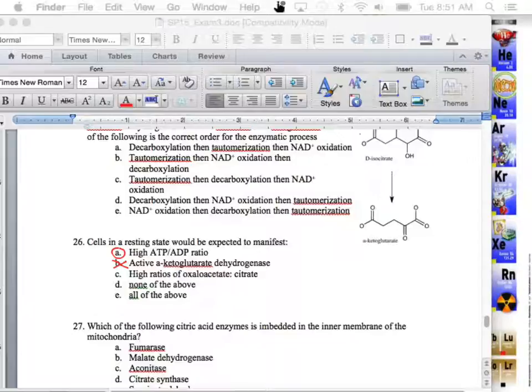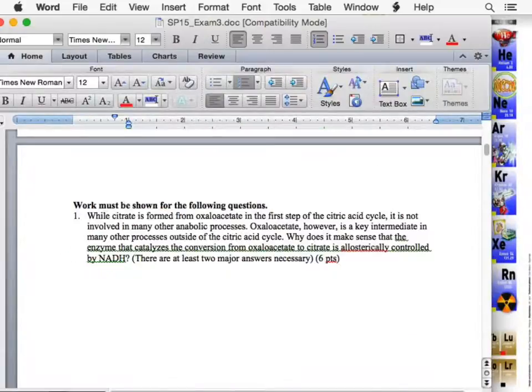We should have done the practice exam before we went, because I can tell you what the answer is on the key. It's just A. Which then becomes questionable when we look at our oxaloacetate citrate for that one. I thought it said low when I looked at it this morning. So give me a quick second here.